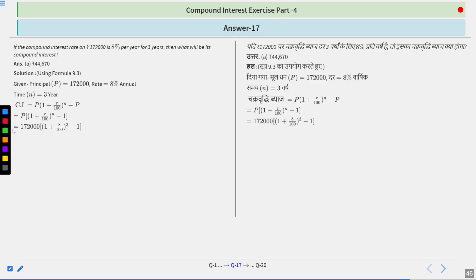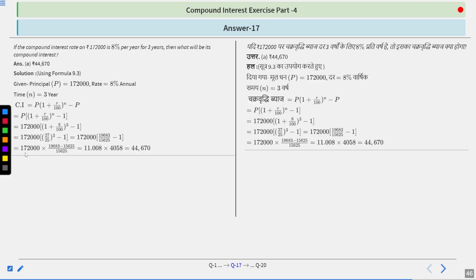Now putting the values of P, R and N, we get 1,72,000 into 1 plus 8 upon 100 whole cube minus 1. So 1,72,000 into 1 plus 8 upon 100 is 27 upon 25, power is 3 minus 1. That is equal to 1,72,000 into 27 cube is 19,683, and 25 cube is 15,625 minus 1.